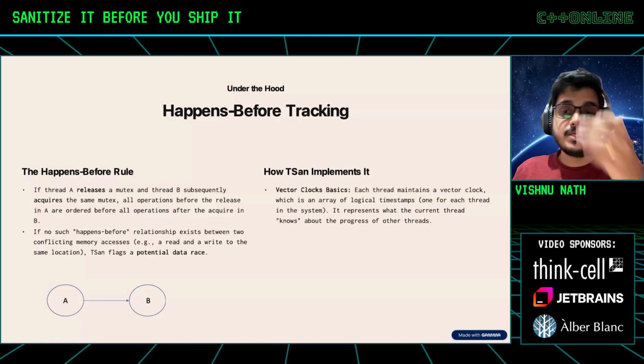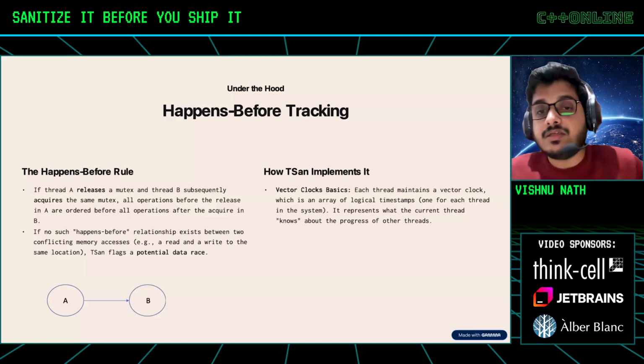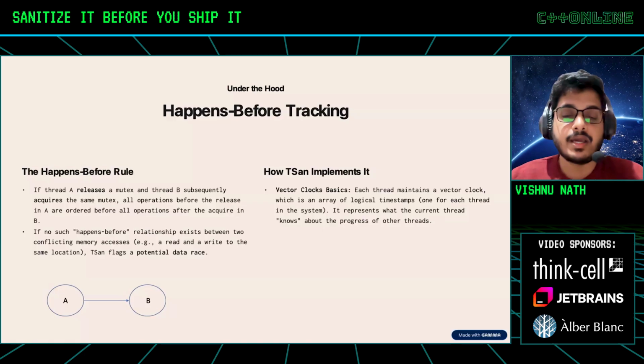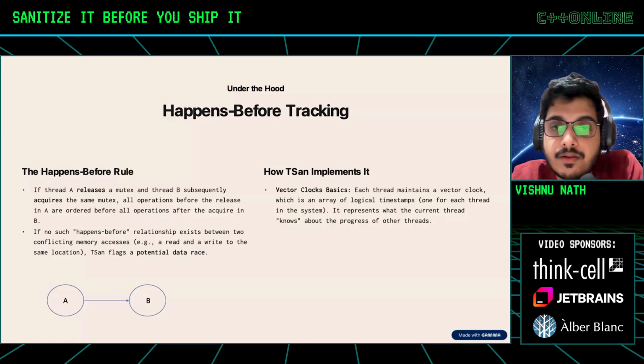First thing is vector clock basics. Here, the vector clock is the main thing in how this happens-before relation works. Each thread makes a vector clock, which is an array of logical timestamps. It represents what the current thread knows about the progress of other threads.